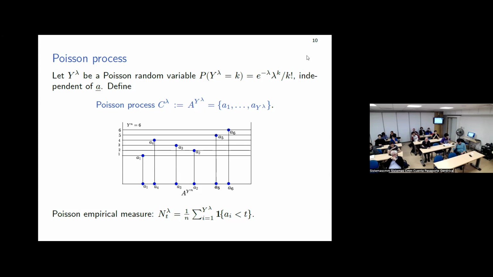Here you have the construction: you simulate first Y_lambda equal to 6 in this simulation, and this tells you to cut your uniform random variables and then project them to get the Poisson process. In this way, you have immediately a coupling between the Poisson process and the Bernoulli process with n variables. I call the Poisson empirical measure the same, but now you sum over this random number of points.